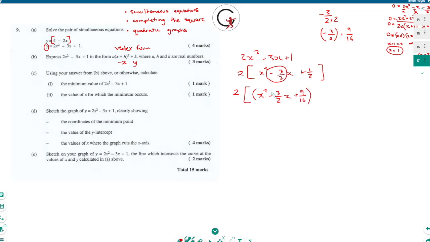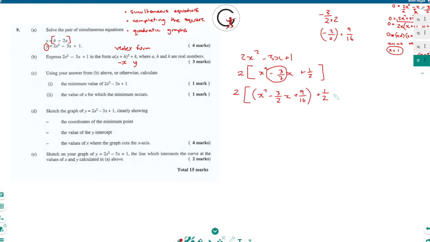By doing that, this has made this expression a perfect square. But what happened to this 1/2 that was just sitting to the side? Well, it's still there. The plus 1/2 is still there. And because we added on a plus 9 over 16 here, we have to keep this expression balanced.